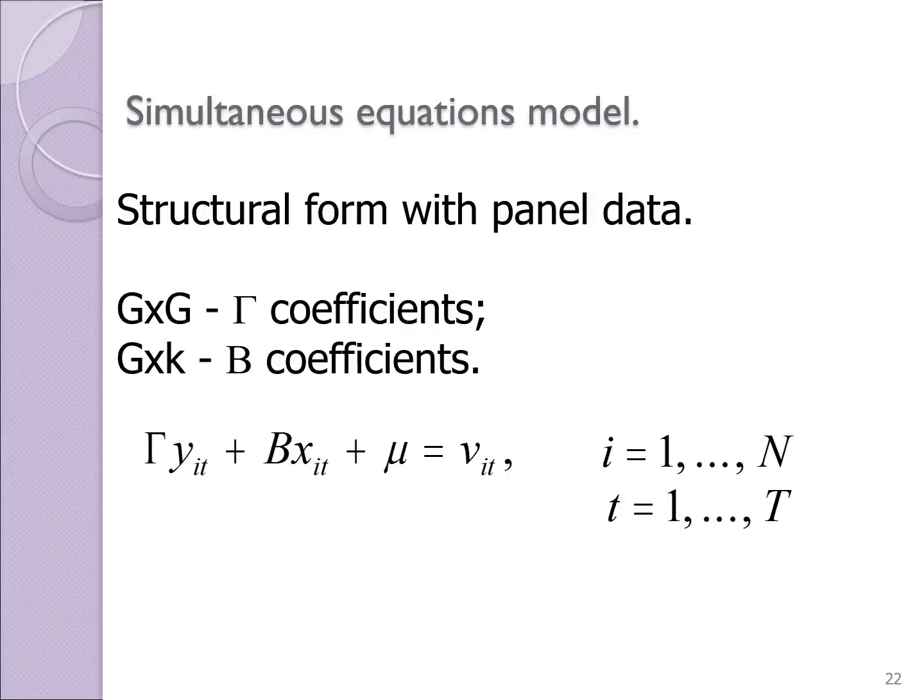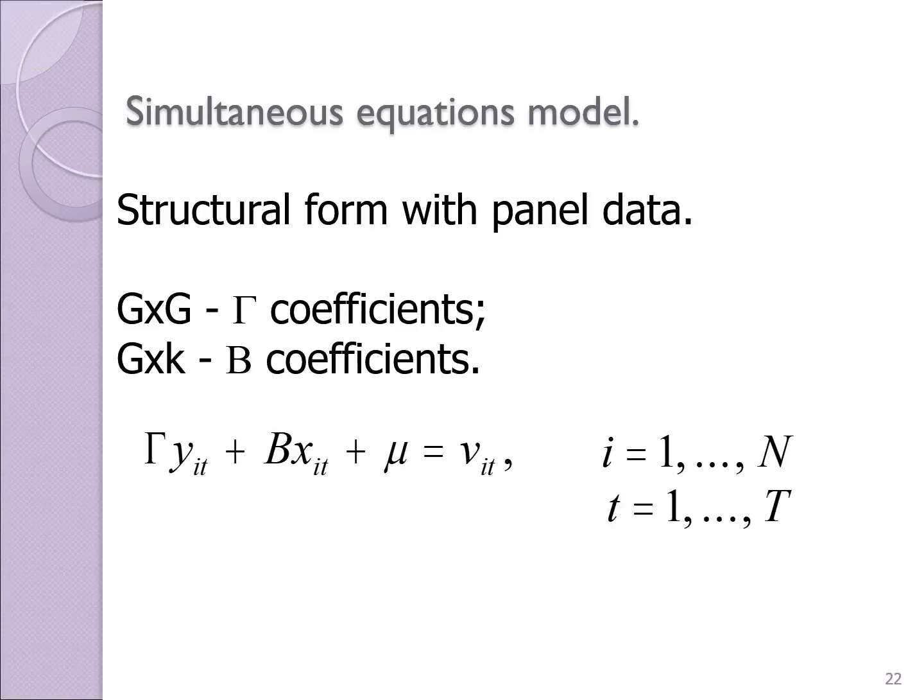Then you also find a set of coefficients which is a capital G times K, and those are the beta coefficients. Those are the coefficients that are measuring the effect of explanatory variables, typically exogenous variables, on the endogenous variable.